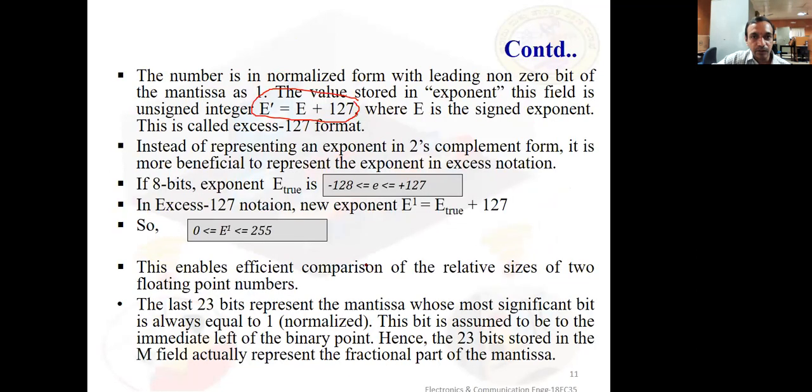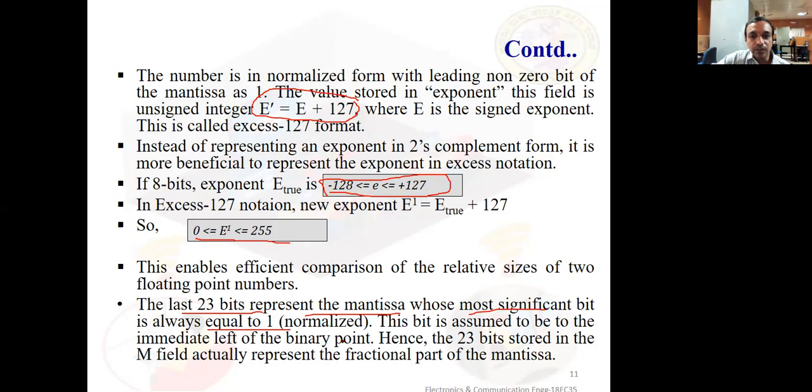So this is the single precision format, excess 127. The actual range is minus 128 up to plus 127, so when you add the excess 127, you get from 0 to 255. The last 23 bits in this single precision format represent the mantissa, whose most significant bit is always equal to 1, meaning it is a normalized binary number.